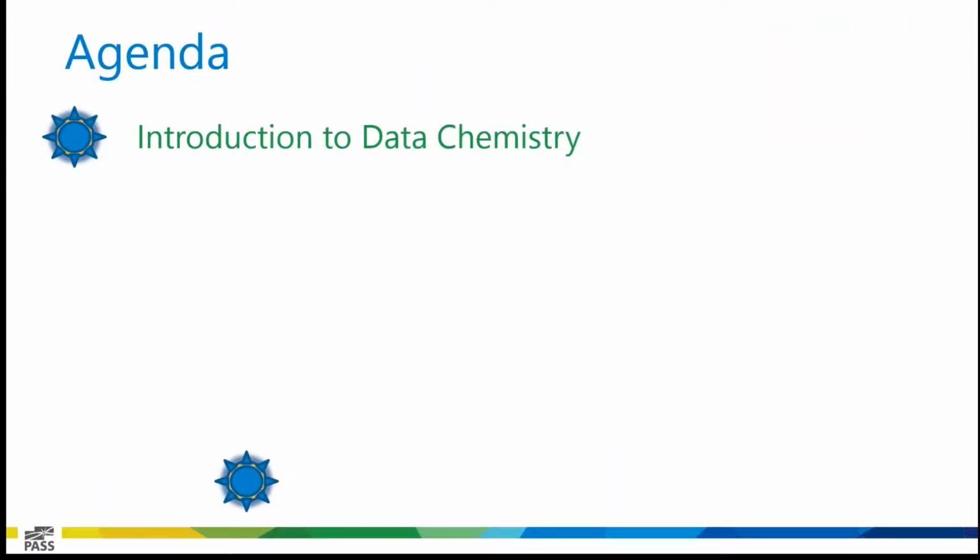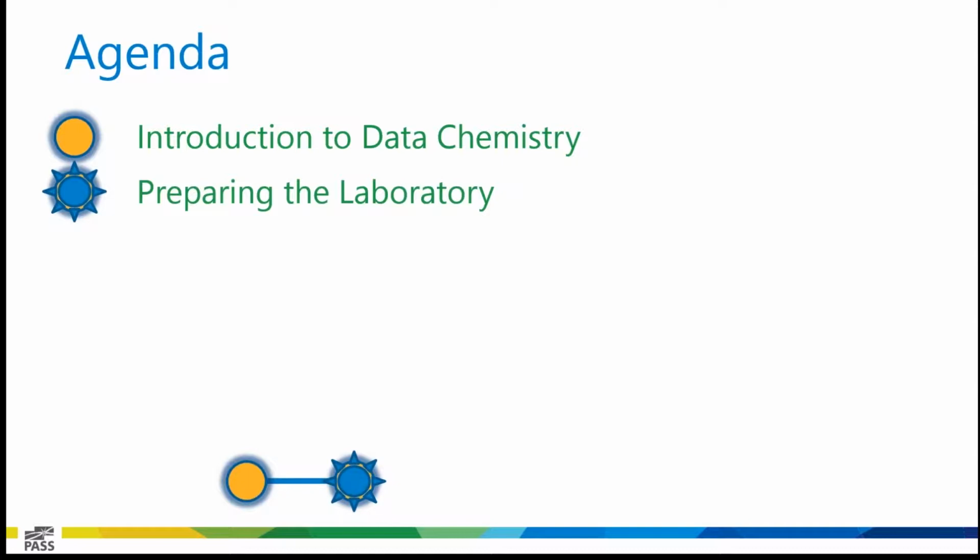So the agenda for today, we're going to start with an introduction to data chemistry and what inspired this presentation. And then from there, we're going to move on to preparing a laboratory. I did take the data chemistry aspect of this pretty far in a fun way. So we're going to prepare the laboratory, setting up Power Query, setting up Excel so that you can do what you have to do.